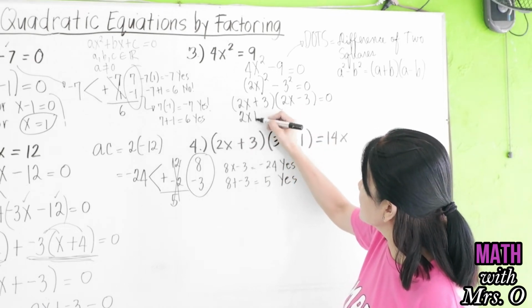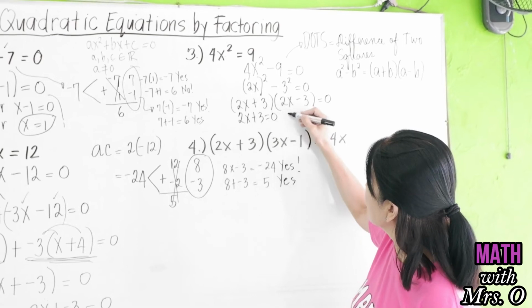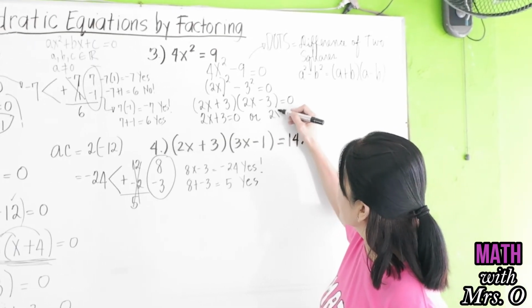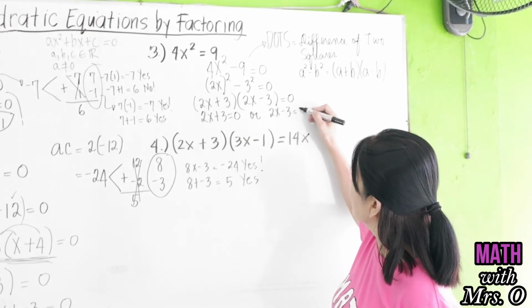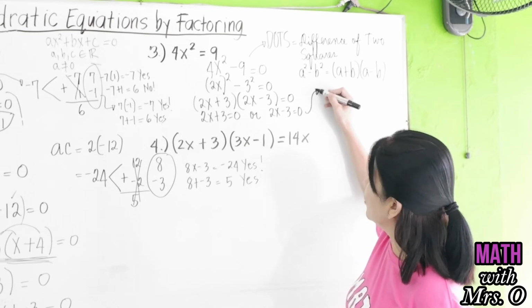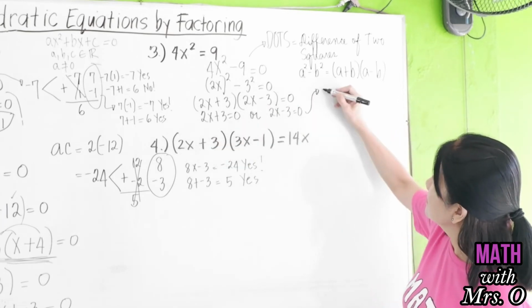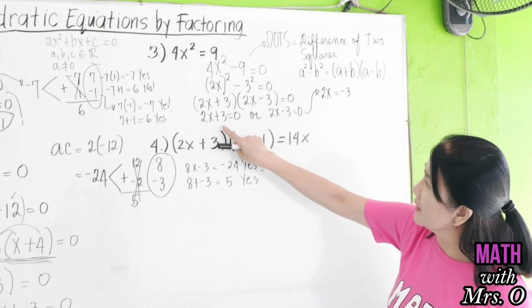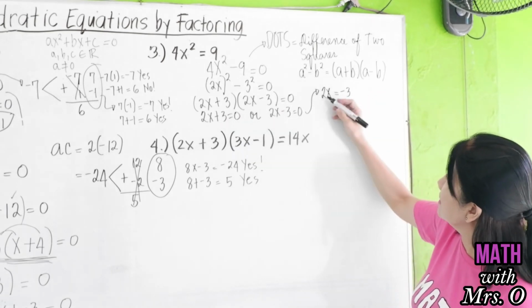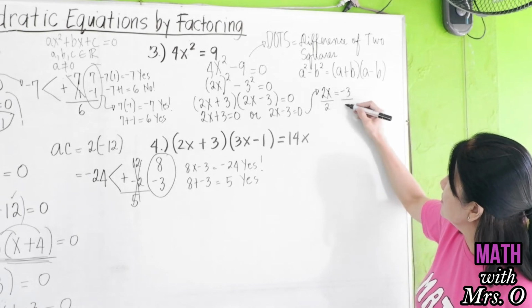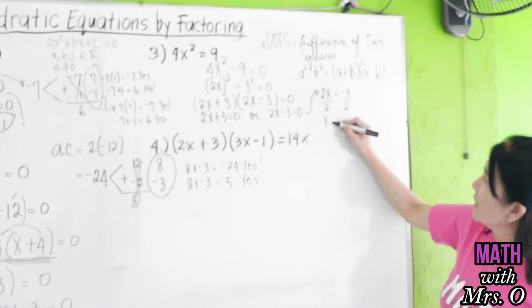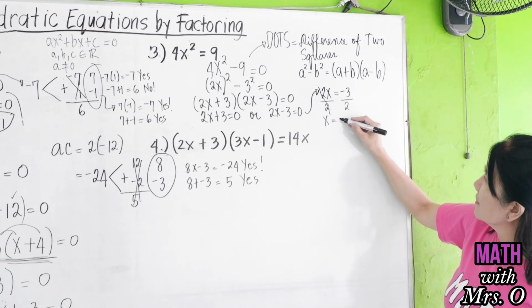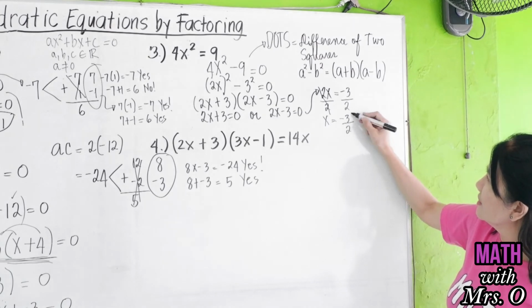So 2x plus 3 equals 0, or 2x minus 3 equals 0. Then solve for x. 2x equals negative 3. Here, transpose 3 to the other side. Divide by 2. There. So x is equal to negative 3 halves.